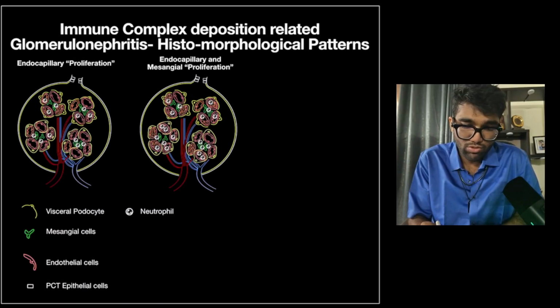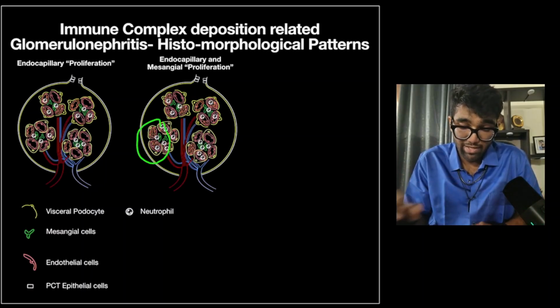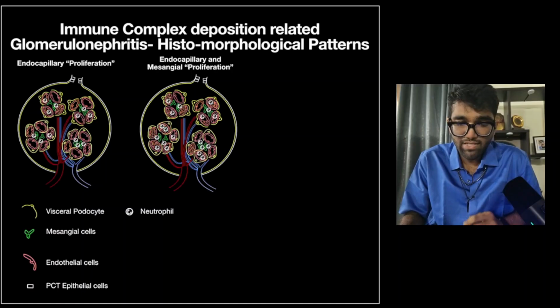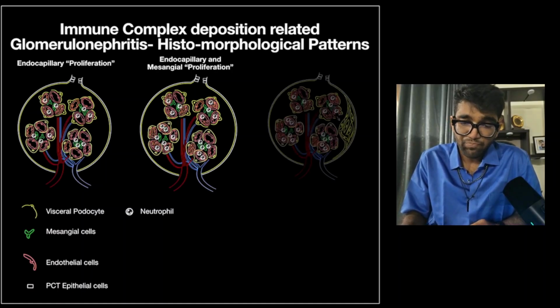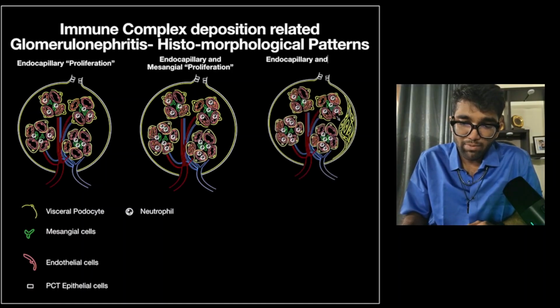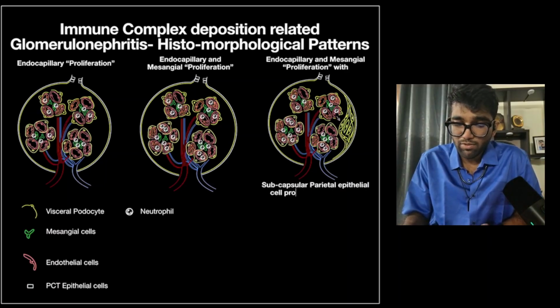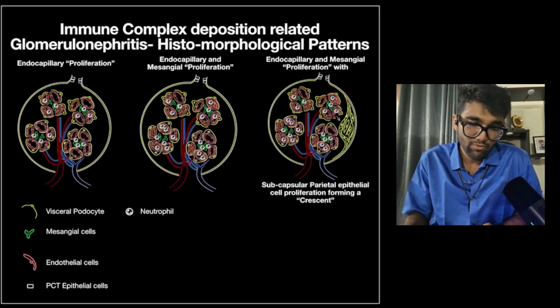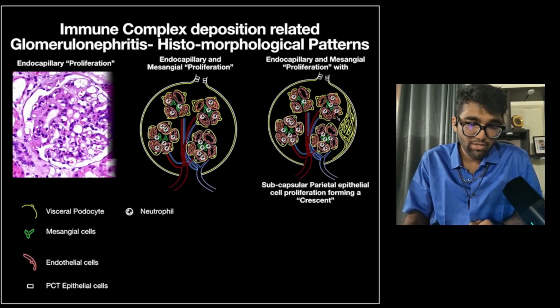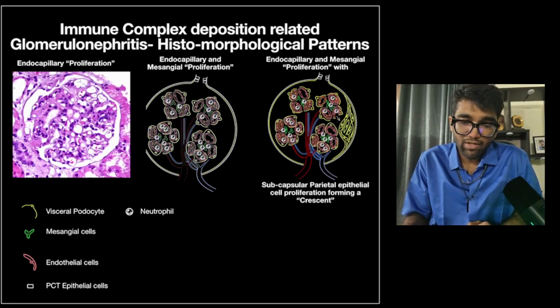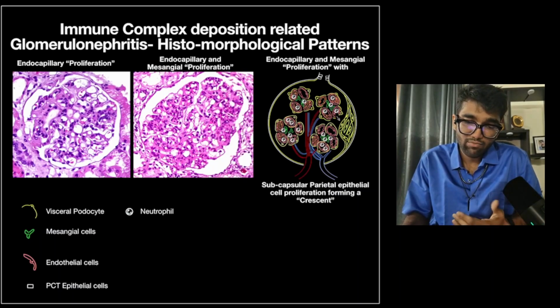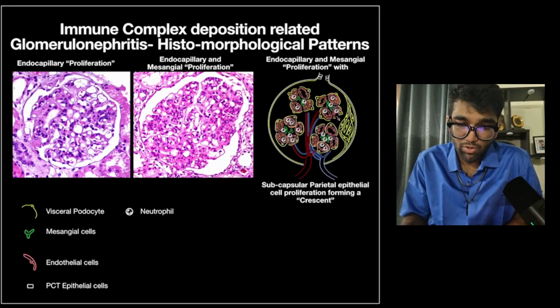Again, there is occlusion of the endothelial lining of the capillaries lining the glomerulus, as well as an increase in mesangial cells. And finally, we have endocapillary and mesangial proliferation, but with the formation of subcapsular parietal cell crescents. Under the microscope, this is what the combination of endocapillary and mesangial proliferation would look like.